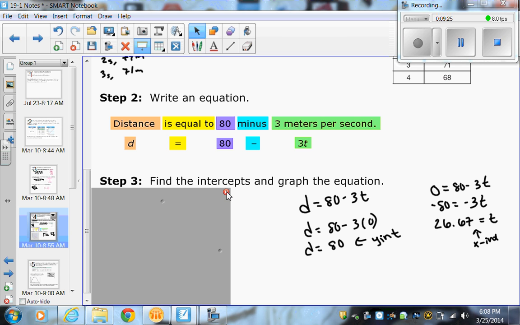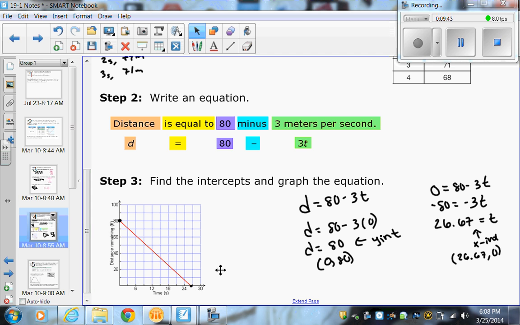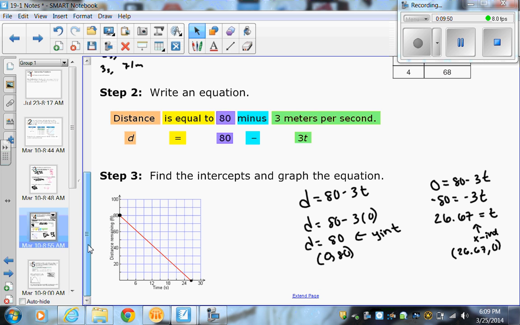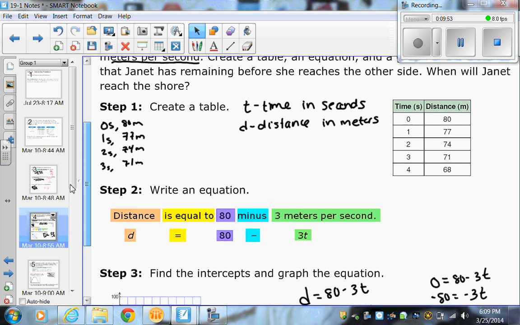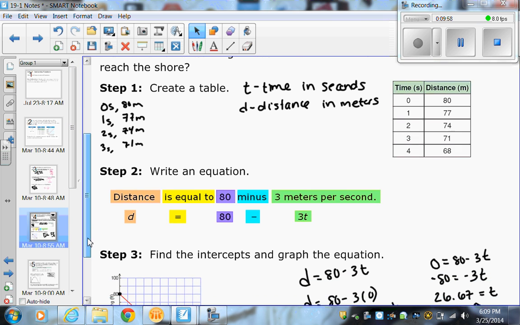So that when I graph, you have at 80, because this would give me the ordered pair of (0, 80), and this gives me the ordered pair of (26.67, 0), which are these 2 points here, and then we connected them to get our graph. So then the last part of the question says, when will she reach the shore?